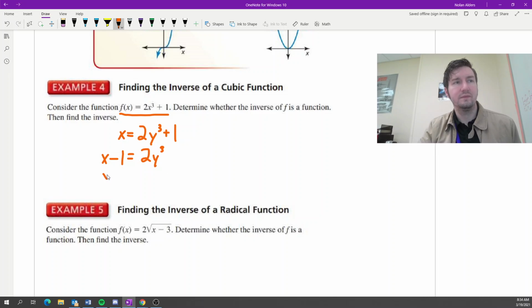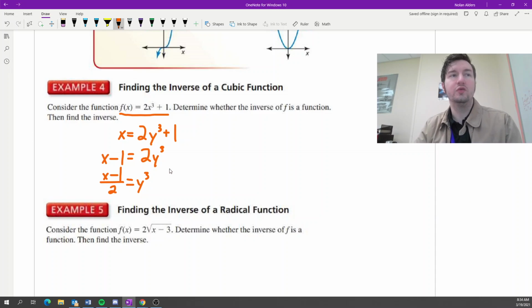Divide by 2, so we'll have x minus 1 over 2 equals y cubed. And then the opposite of cube is cube root. So our final function will be y equals the cube root of x minus 1 over 2. So there you go.